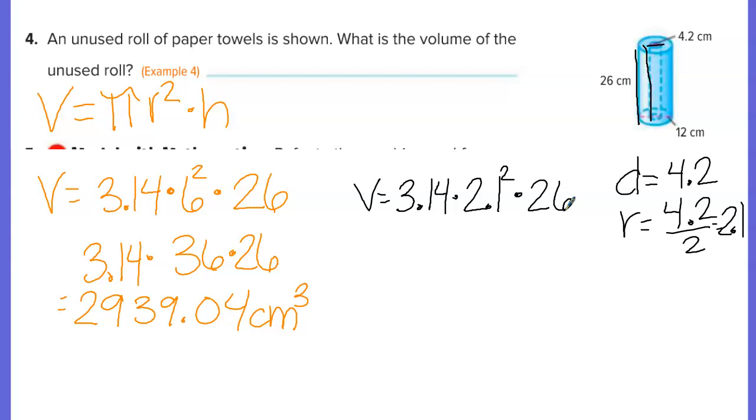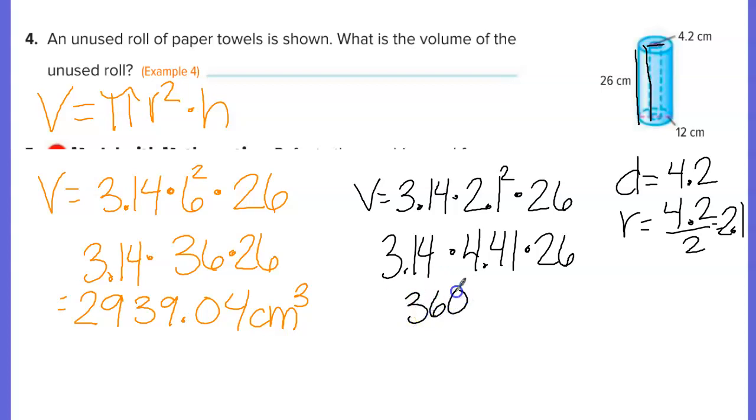So order of operations, I do 2.1 times 2.1, or 2.1 squared, which gives me 4 41/100 times 26 times 3.14. I do that all in one step and I get 360 and 324 10,000ths centimeters cubed.